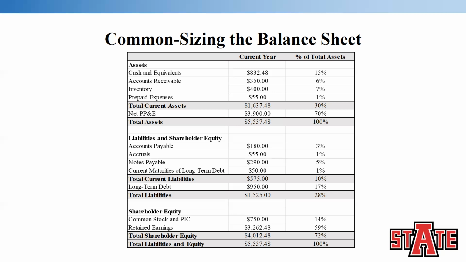Even if we're a small privately held company, maybe we only generate $50 million a year in revenues, if we know what our publicly traded industry peer group looks like on a common size basis, then we can compare our percentages. We can't necessarily compare our raw numbers, but we can compare our percentages to see where we stack up in terms of the mix of our assets versus our liability and equity financing, and the composition of our assets.